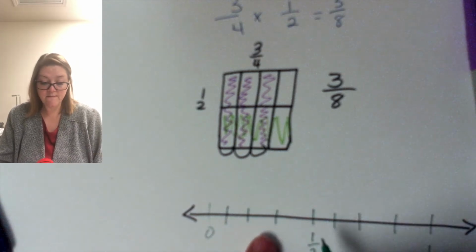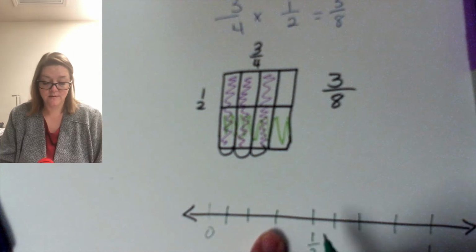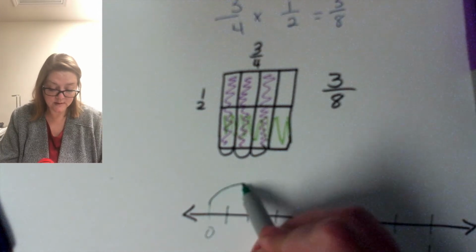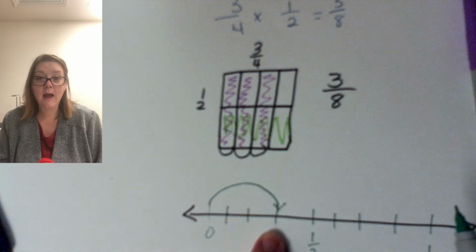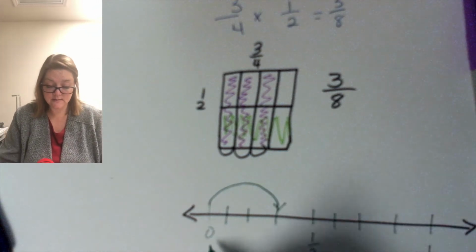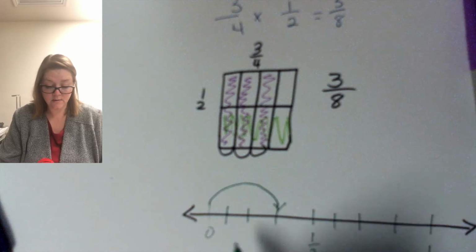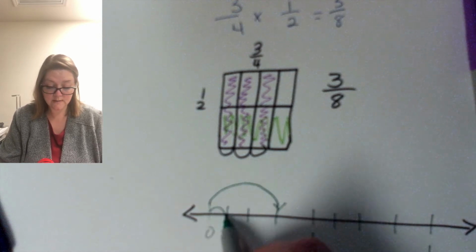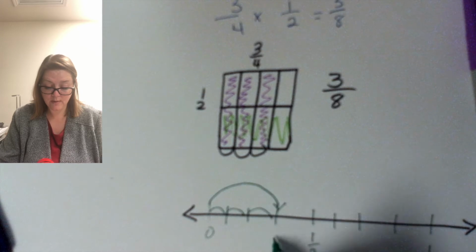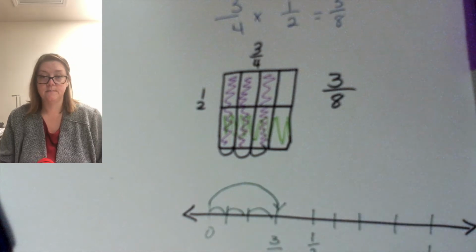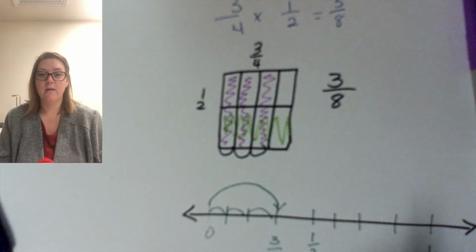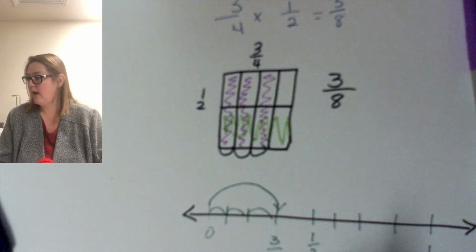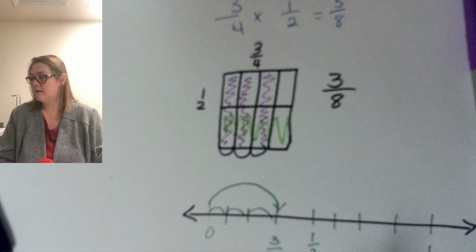Let's look at this. 3/4 of a half is this right here. Well, these are 8s now. 1, 2, 3, 3/8. So I can start to see that. And I love this because what's 3/4 of a half? It's 3/8.